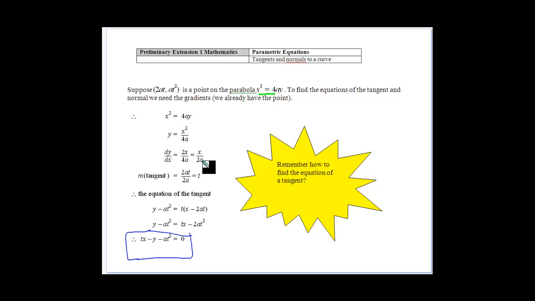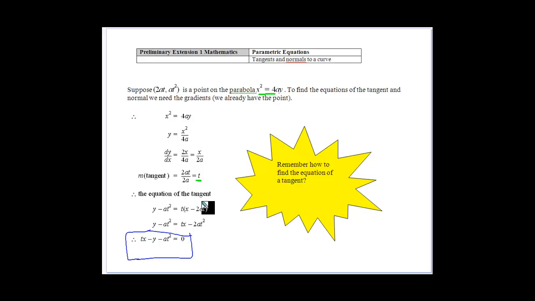That gives us x/2a. At the point where x is equal to 2at, we divide by 2a and get our gradient of t. So the gradient of the tangent at that point (2at, at²) is equal to t.